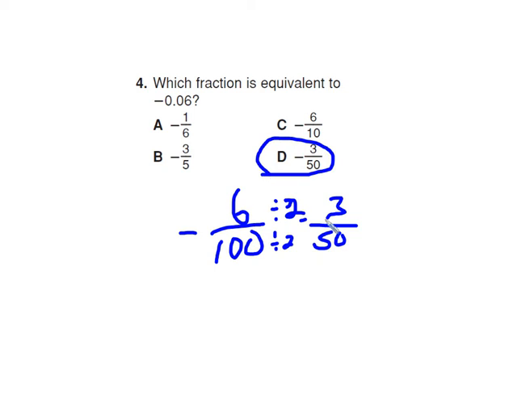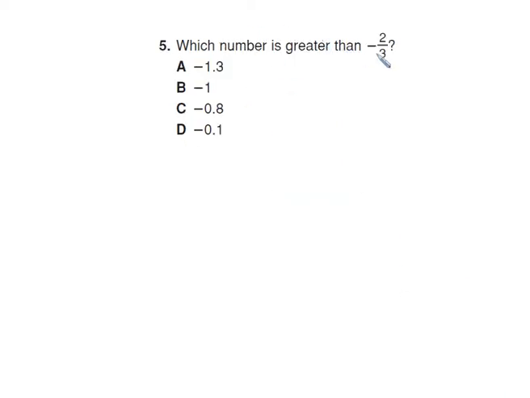Which number is greater than negative 2/3? Well, let's write it out as a decimal. 2 divided by 3. Let's see, put a 0 in the ones place and a decimal point. 6 is going to give me 18.